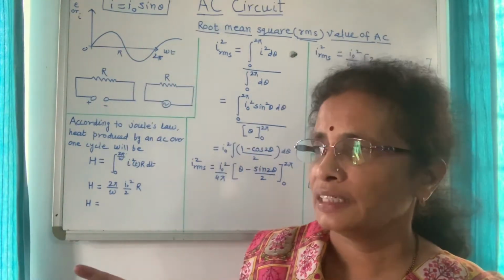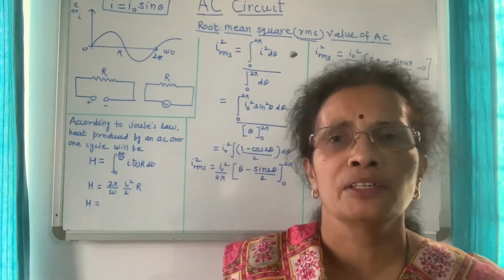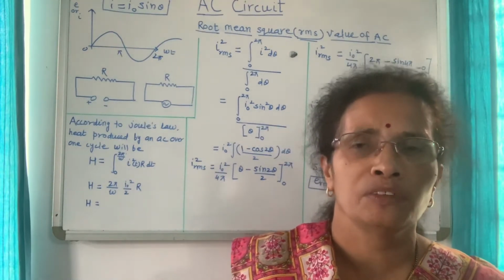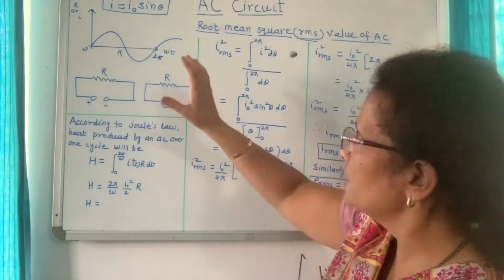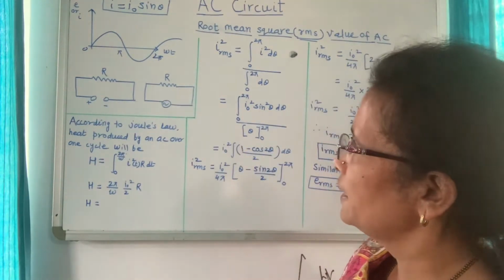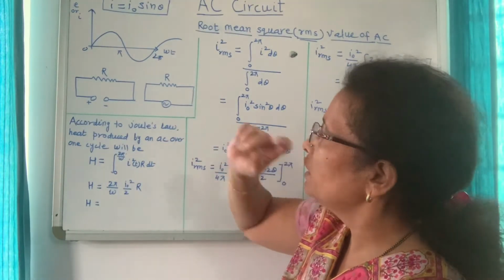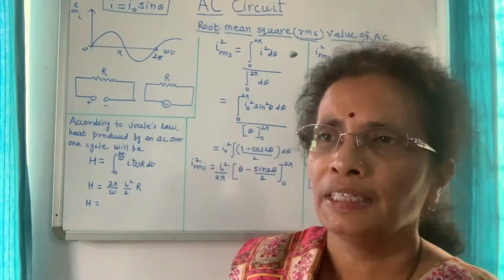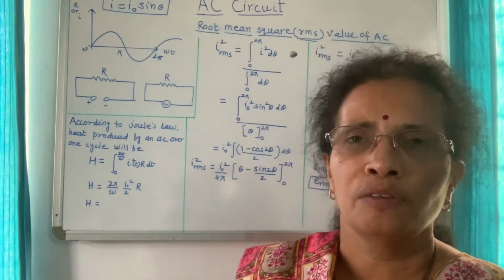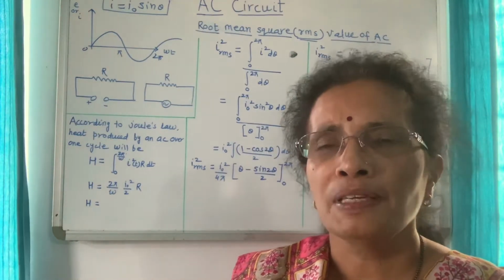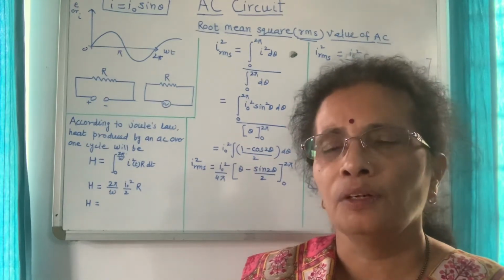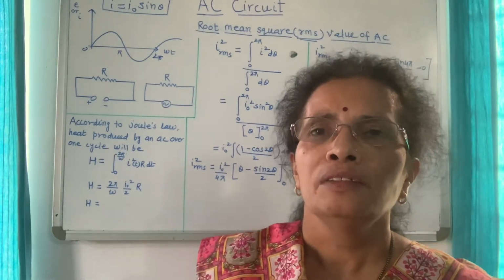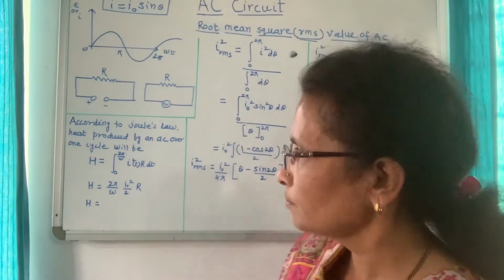So the heating effect does not depend upon the direction of the current. The instruments which measure alternating current or voltage give the RMS value of the voltage or current, the virtual value or effective value.